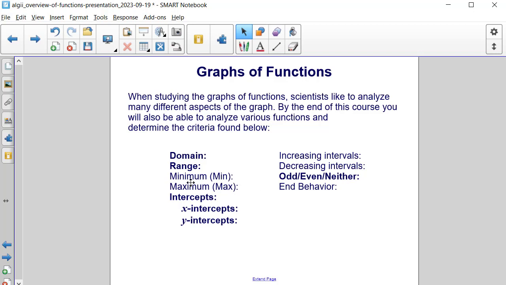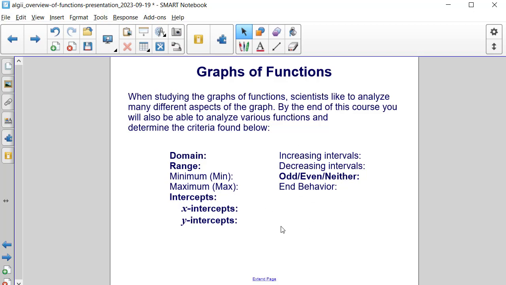Depending on the function, you may or may not have minima or minimum values, or maxima or maximum values. You could also have functions that are increasing, decreasing, and a little bit of both. And you'll also be talking about end behavior.